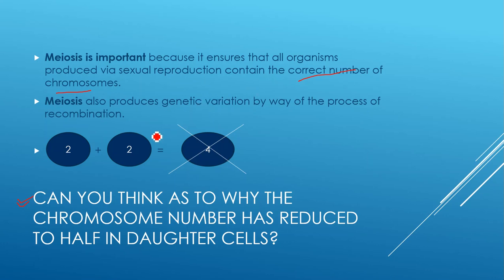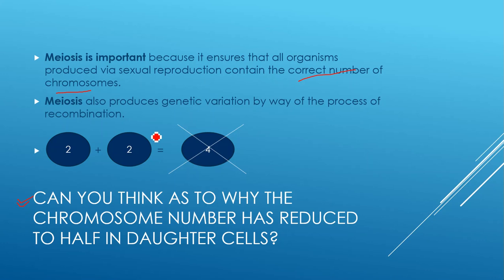Because each and every organism or species has its specific number or set of chromosomes. If that set is altered by one extra chromosome or one less chromosome than required, it will result in deformities.